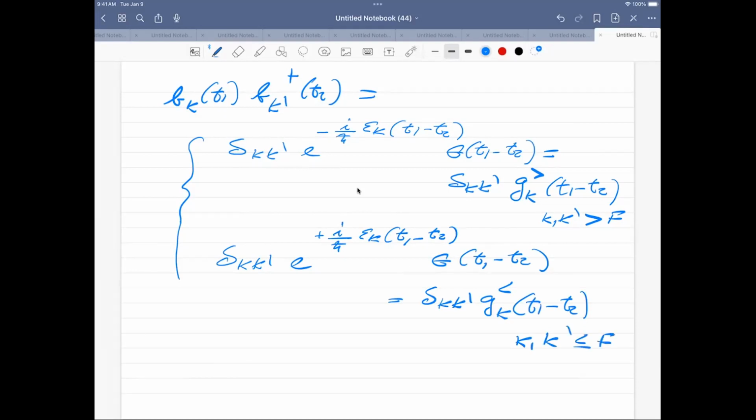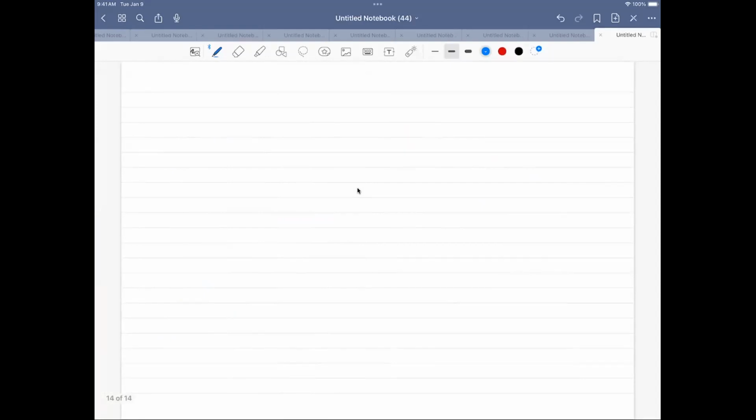And you can represent this graphically in the following way. So I have this G> of t1 minus t2. That will be given by this graph, which we had earlier. So we have k, and then I have a t1 and a t2. And in this case, k is larger than the Fermi level. And then I have a similar drawing, which I can use now for the state below the Fermi level.